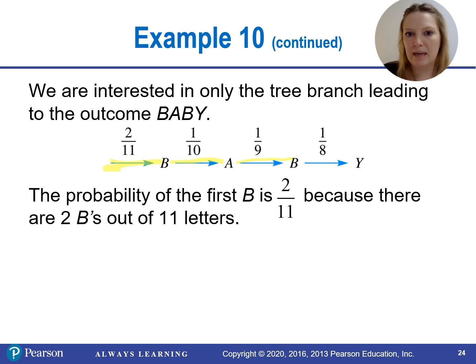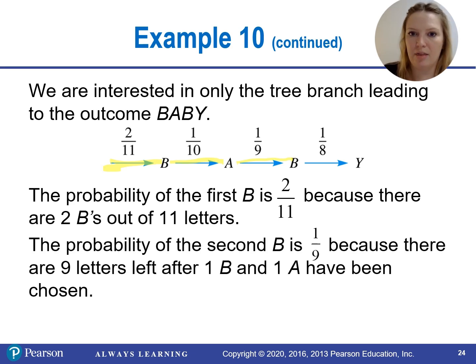So there's 1 B and 9 letters, so the probability of getting that second B is 1/9. And then finally, the probability of drawing a Y for that 4th letter, there's 1 chip in there that has a Y on it, and there are 8 letters, so the probability is 1/8.